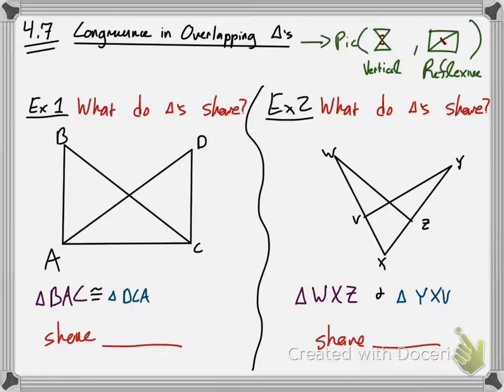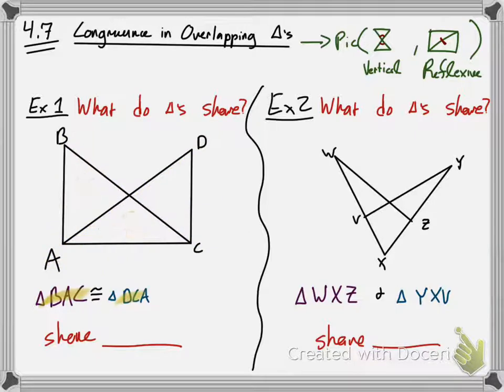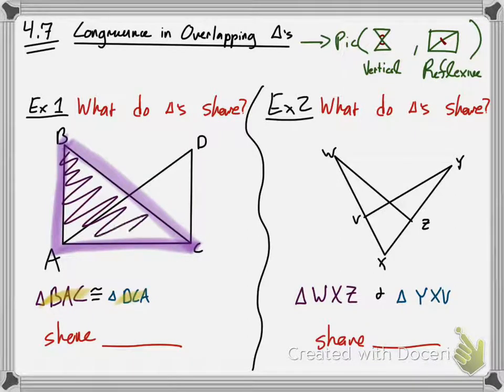So the 2 triangles that we're focusing on here are BAC and triangle DCA. Right now in this picture, we have 1, 2, 3, 4, 5 different triangles represented. And the 2 that we're going to focus on would be BAC, which is this left-hand triangle, and DCA, which would be this right-hand triangle.